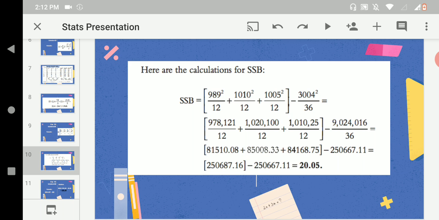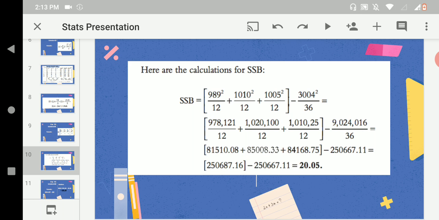So before we add 978,121 over 12 plus 1,020,100 over 12, we have to simplify them first. So we have to divide them by 12. So 978,121 divided by 12 is 81,510.08. 1,020,100 divided by 12 is 85,008.33. Plus 1,010,025 divided by 12 is 84,168.75.